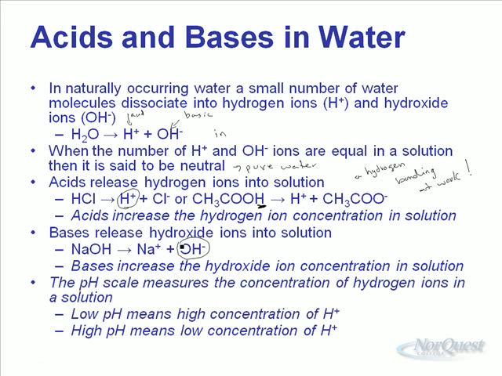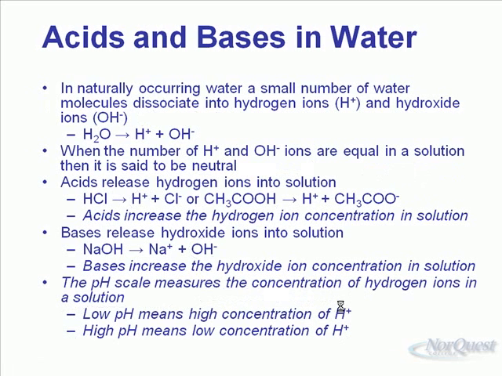pH is actually a measure of the concentration of hydrogen ions. So low pH means that there's a high concentration of hydrogen ions, and a high pH means there's a low concentration of hydrogen ions, and that's what pH actually measures.